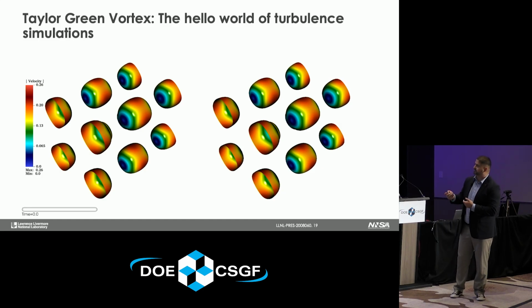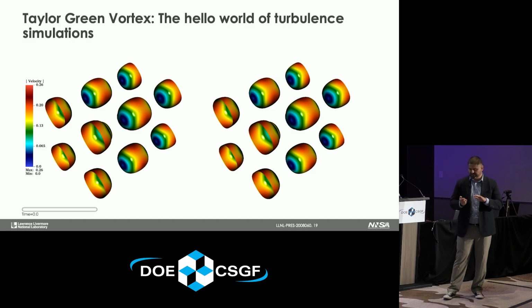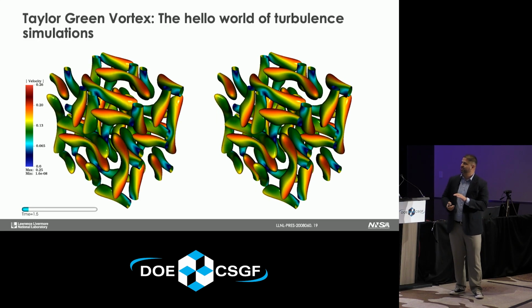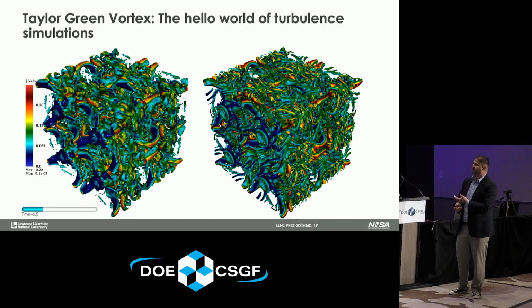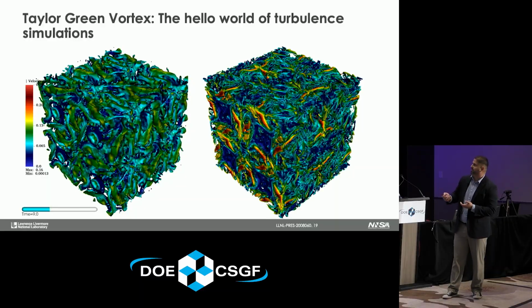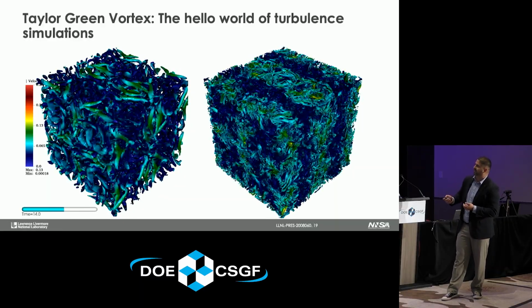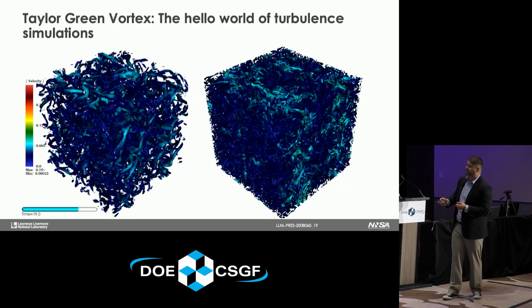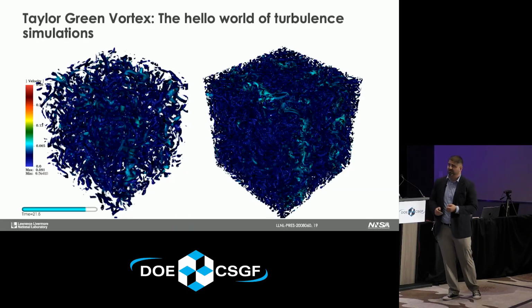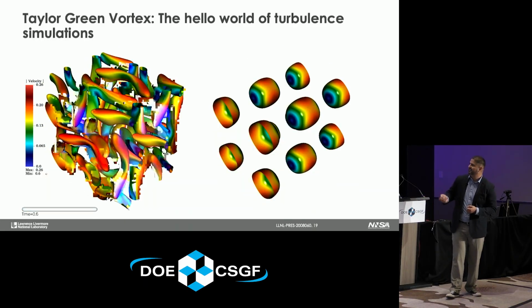You start off with these large structures, which are indicative of laminar conditions, and as the problem starts to transition, you get smaller structures, which tells you that you have more of a turbulent state. At this point, you don't see very much of the larger structures, and again, comparing the left to the right-hand side, because the dissipation scales here are much smaller, I should see more turbulent structures. Hopefully those of you in the back could tell the difference.